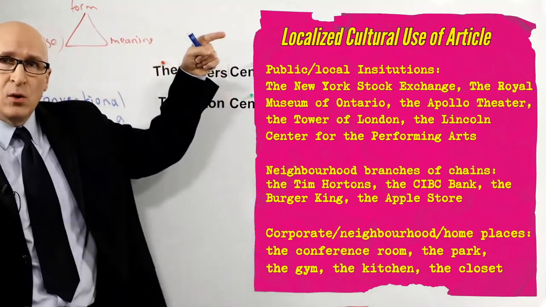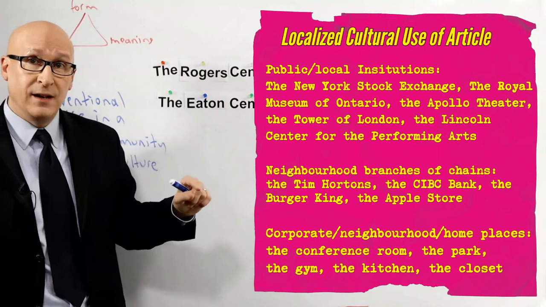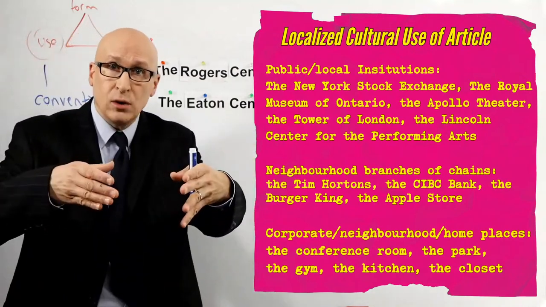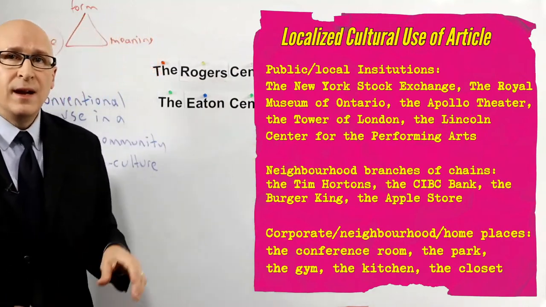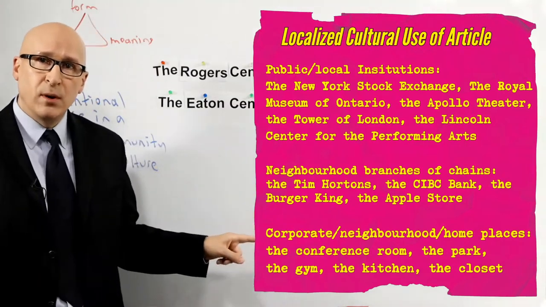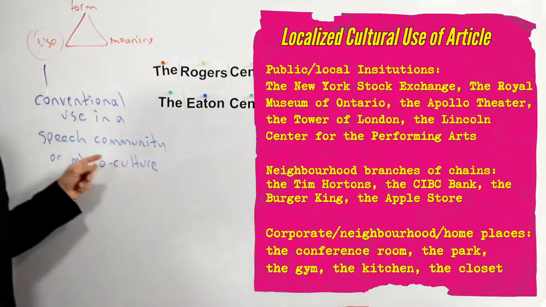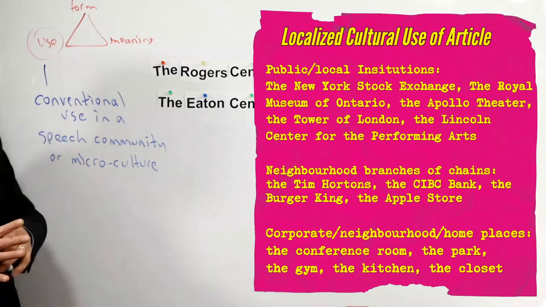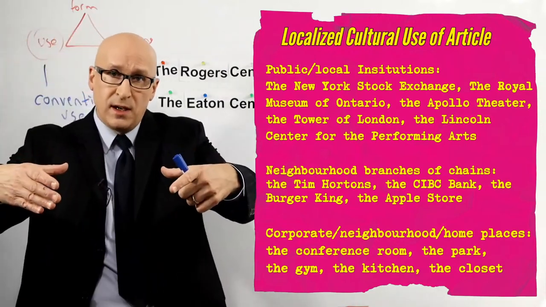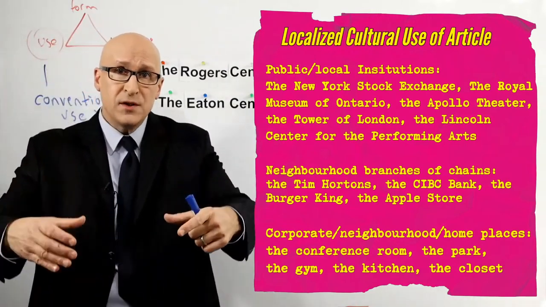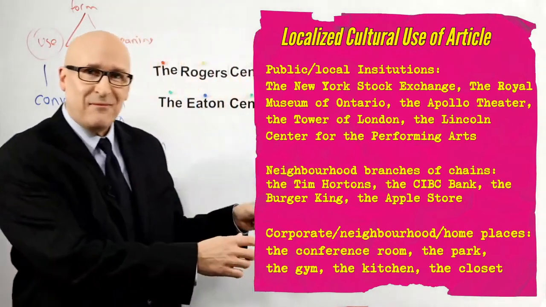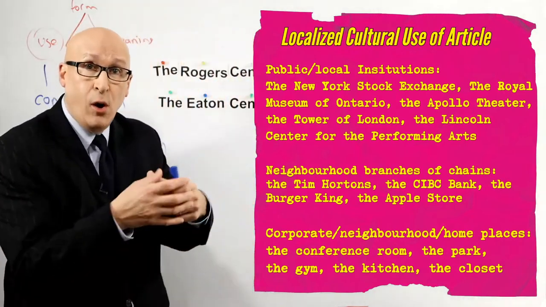So this is localized cultural use. And in the case of a neighborhood, very local neighborhood use, right? And finally, corporate, neighborhood, or home places. So again, we're talking about micro-community. The neighborhood is a community, a speech community, but also so is your company, right? Or your neighborhood, or your home.